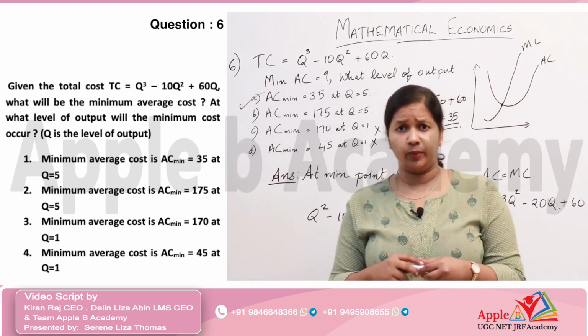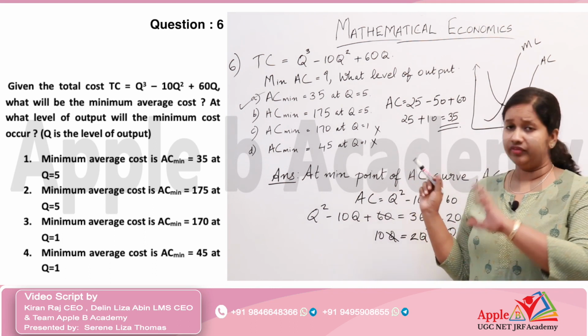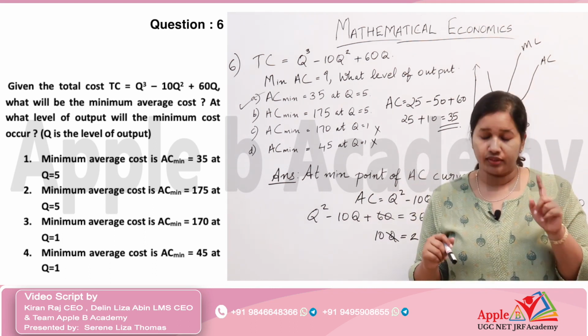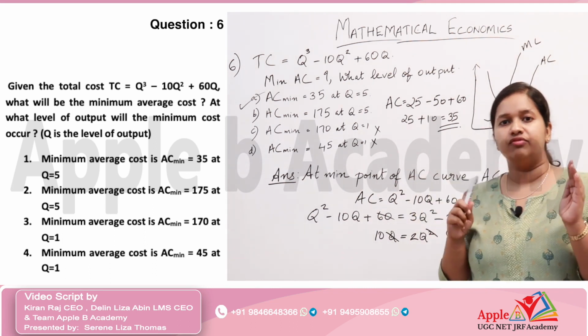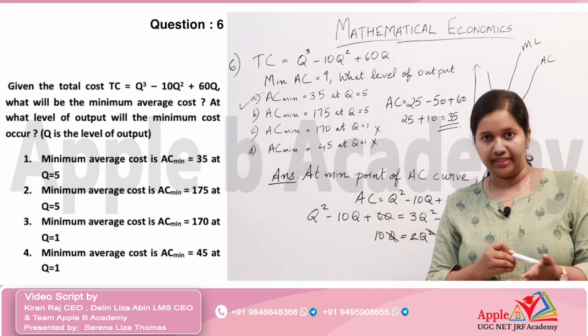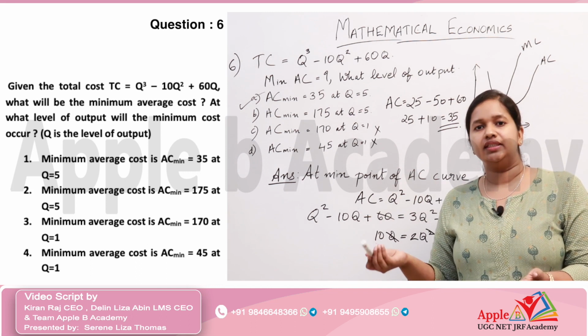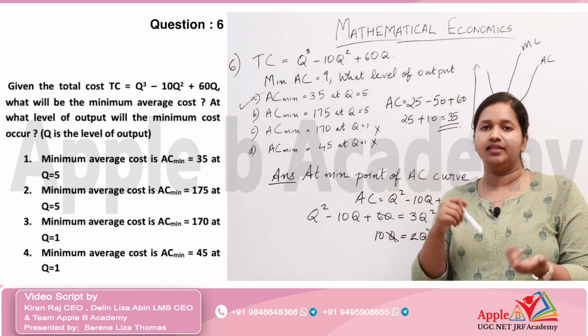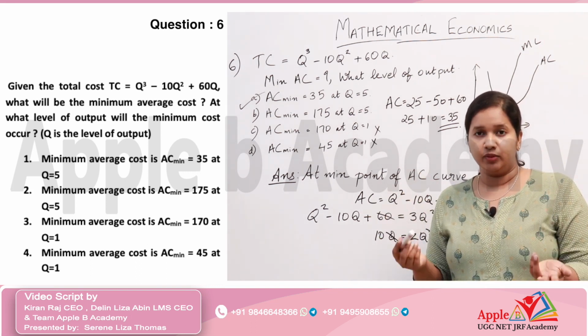This is a very simple question. We have the total cost function given. We need to find the minimum point of AC and the quantity at which AC will be minimum.